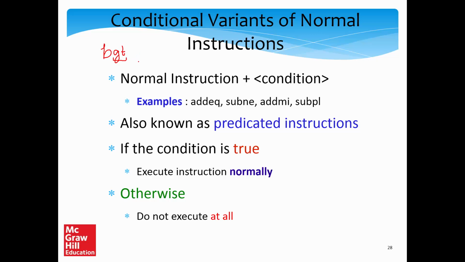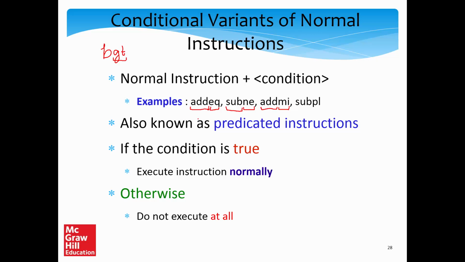It is not necessary. After a lot of normal instructions like add, subtract, multiply, we can suffix the conditions as well. For example, we can have add with the condition EQ, or add with the condition MI. This will basically mean that the add instruction will only execute if the MI condition holds true, or the subtract instruction will only execute if the not equal condition holds true.